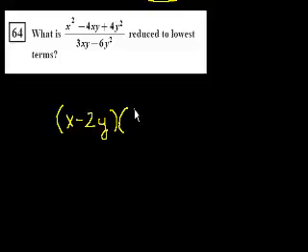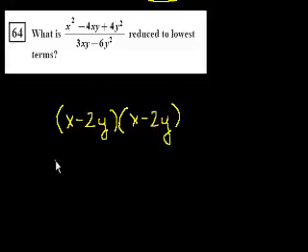This looks like a perfect square, right? Because minus 2y times minus 2y is 4y squared, and minus 2y twice is minus 4y. So the top expression is x minus 2y squared, and I'll write it twice, x minus 2y, x minus 2y.